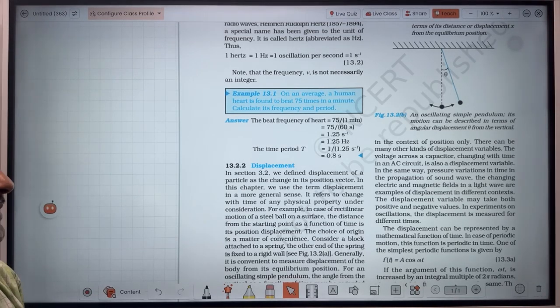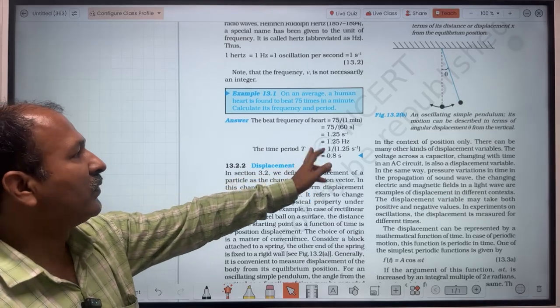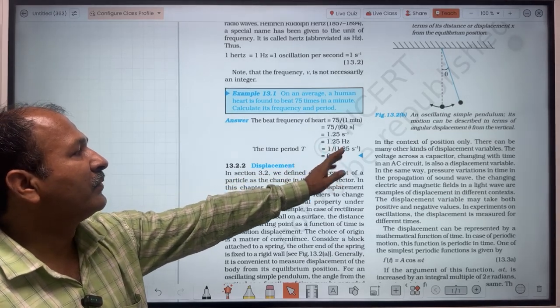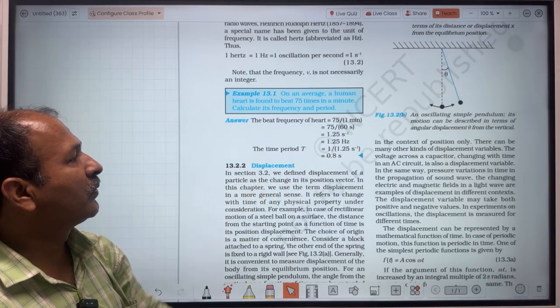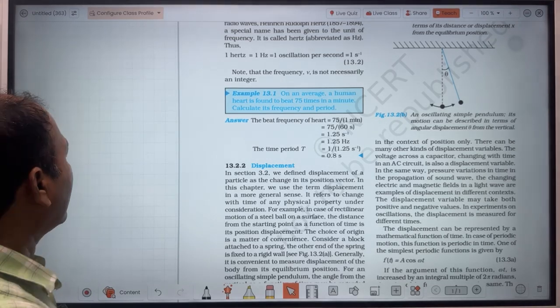So 75 divided by 60 is 1.25 per second, and you know per second is equivalent to hertz, so you can say 1.25 Hz. And if you want to find out time period, just reverse it. So 1 upon 1.25, so this will become 0.8 seconds.